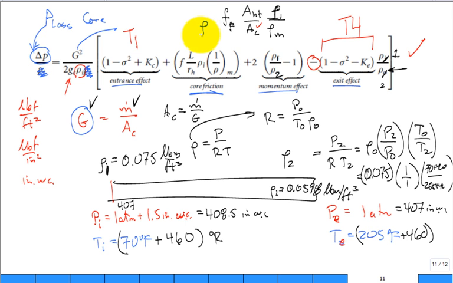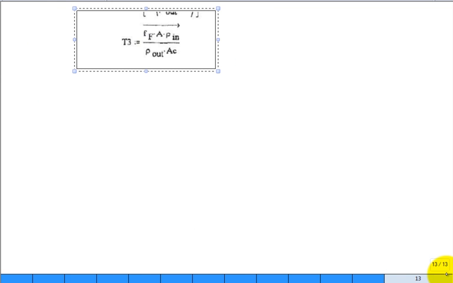It's the ratio, the density in divided by the mean density. It's the in plus the out divided by 2, or you could do the average temperature, average pressure, and calculate a slightly different mean density too. But what did they have? Control V. What did they have there?